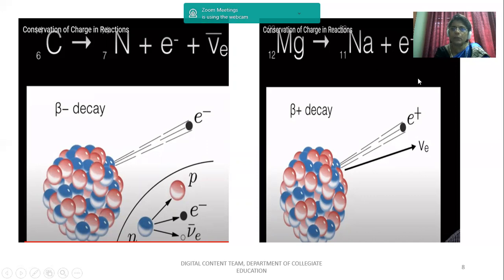And here you can see that this kind of process arises in elements where the number of protons is more compared to neutrons.